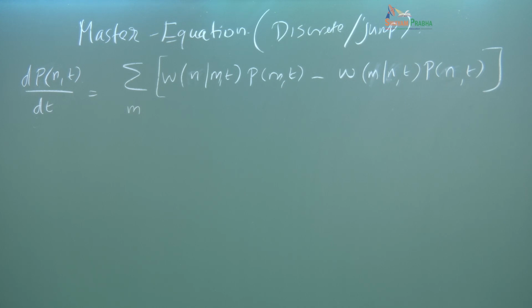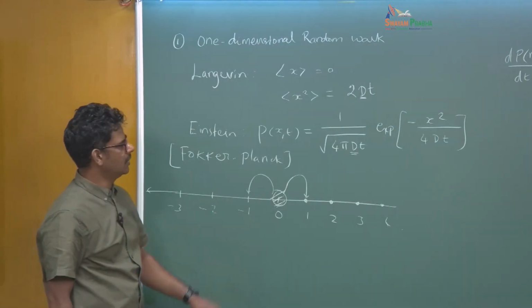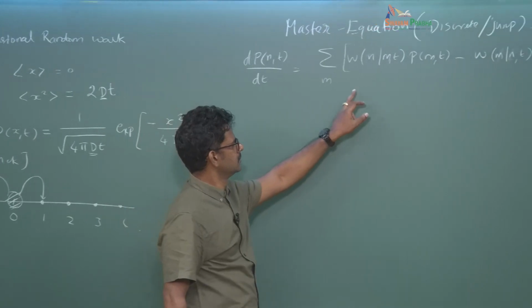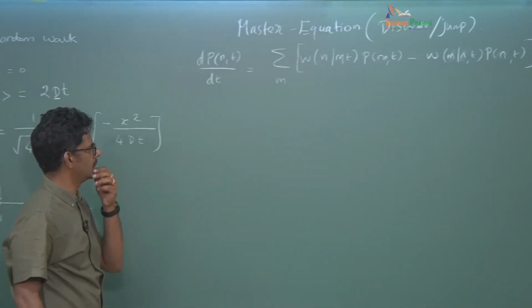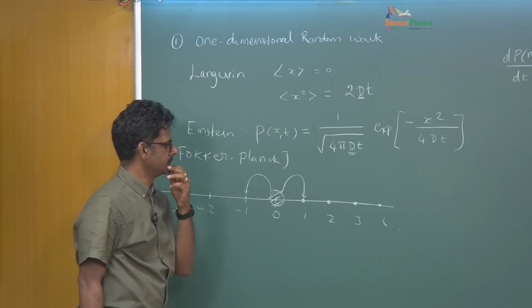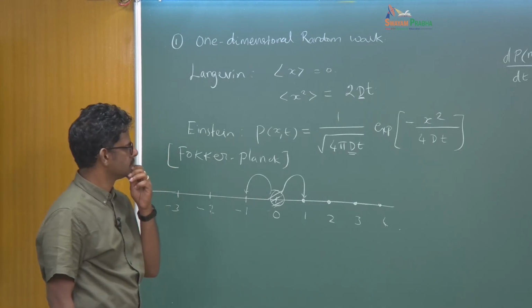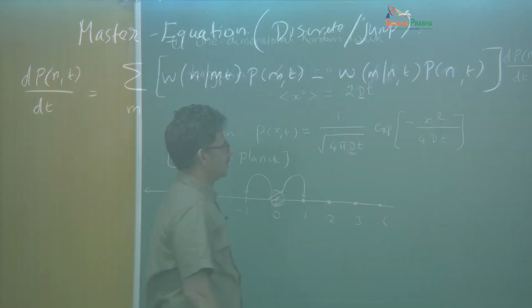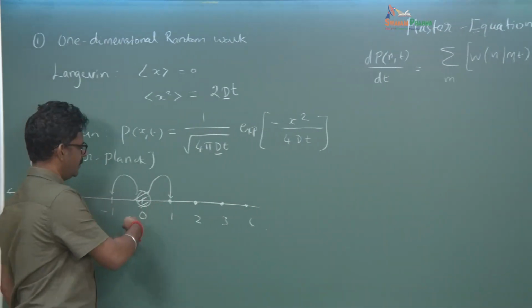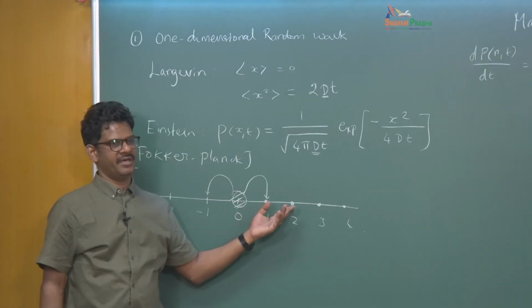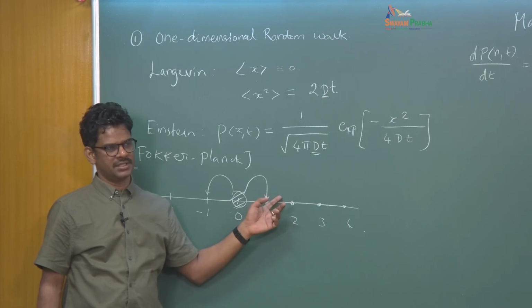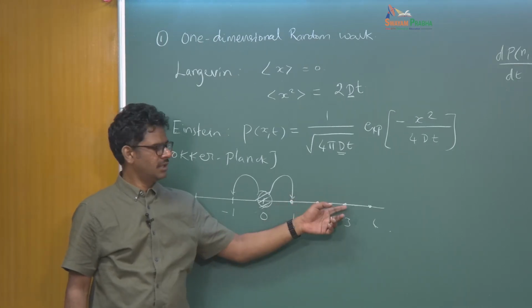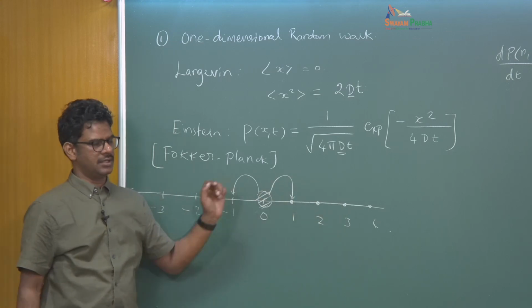So this is our master equation for the discrete case, and now for this problem we want to write this equation. If you look at the way we think about this problem, a particle can be at any position at some place x, and then it can go to either x plus 1 or x minus 1.